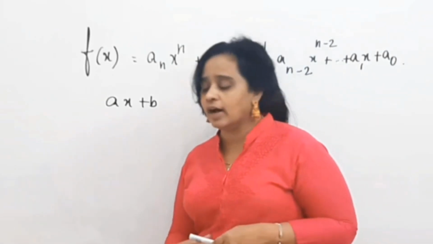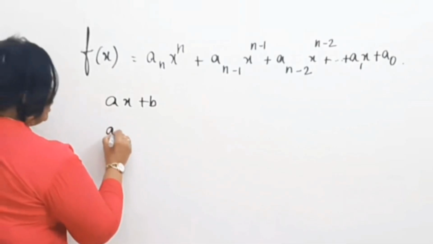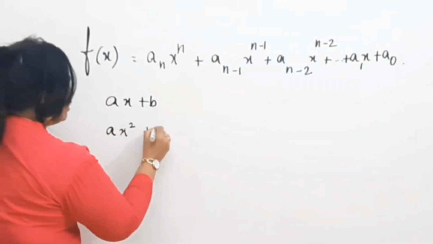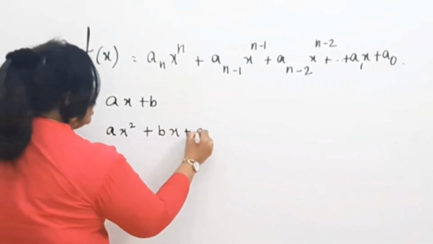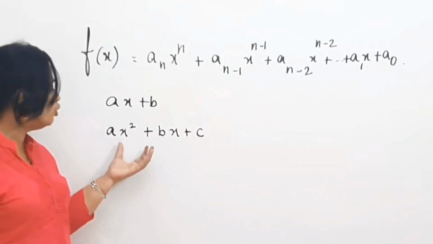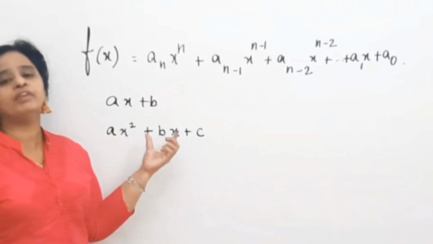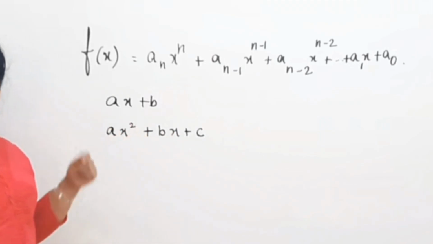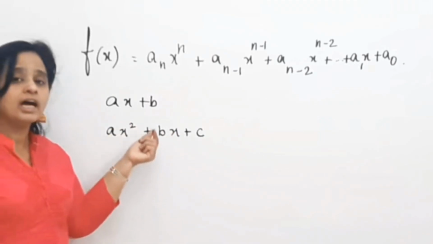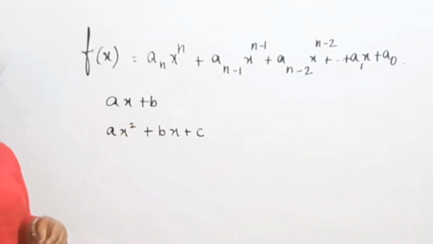Now the second one, you have studied the quadratic polynomial. We write it as ax square plus bx plus c, where the highest degree, or the degree of the polynomial here, is 2. The highest power of the variable is 2. Then we say that it is a quadratic polynomial.